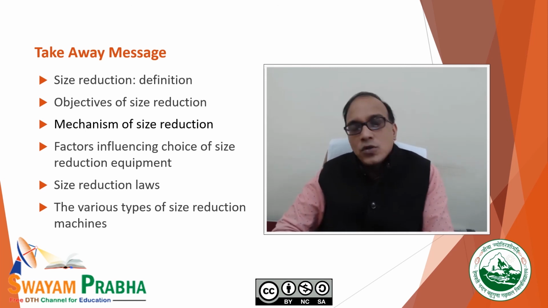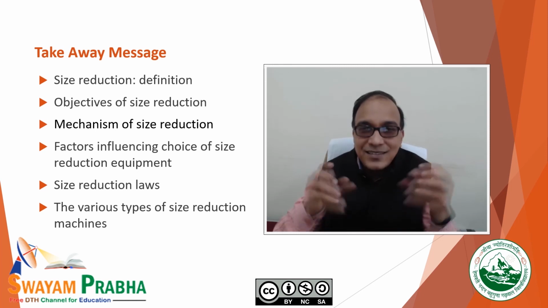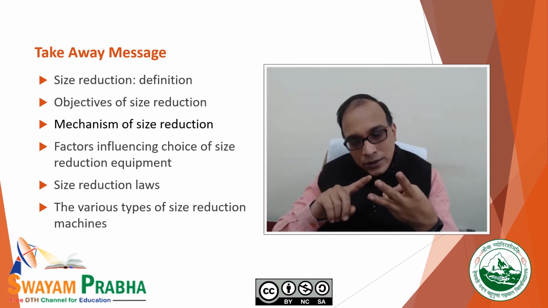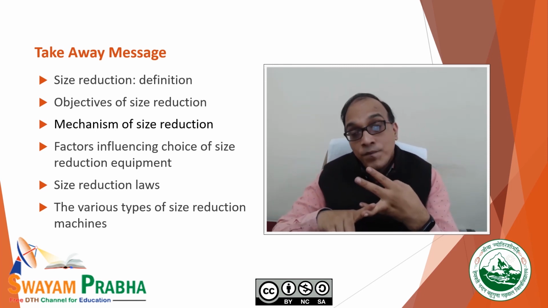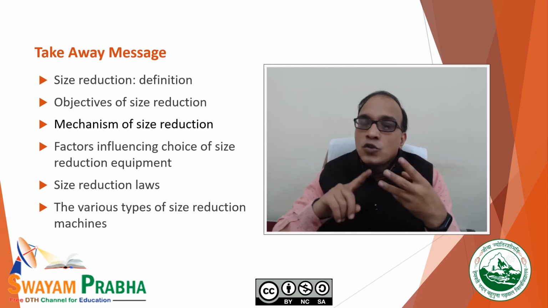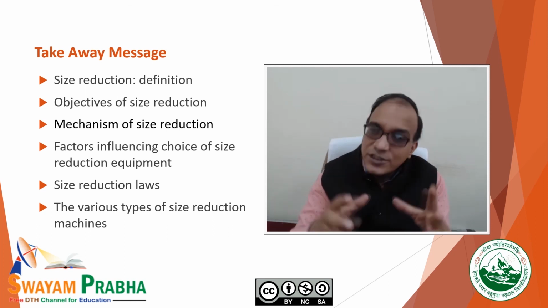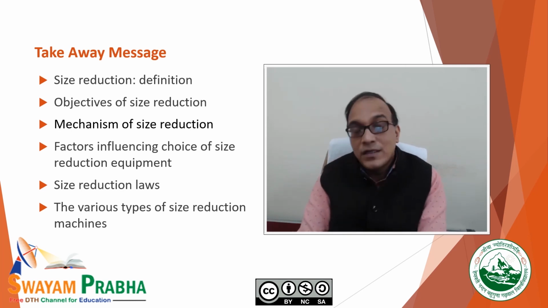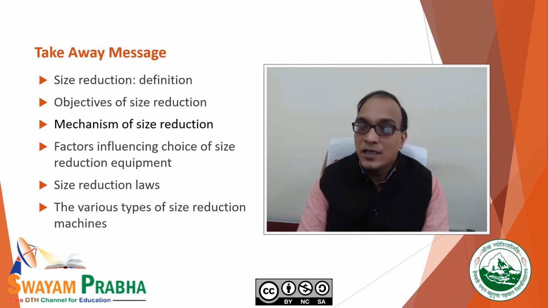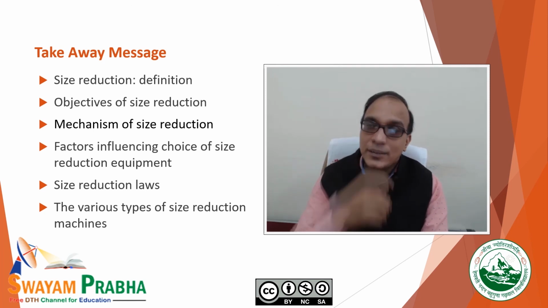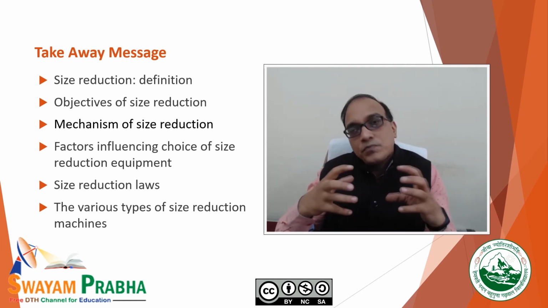Please go through these laws and learn at least their definition and the equation by which they can be expressed. You must learn. Then we have discussed the various types of size reduction machines: the hammer mills, ball mills, fluid energy mills, and others.